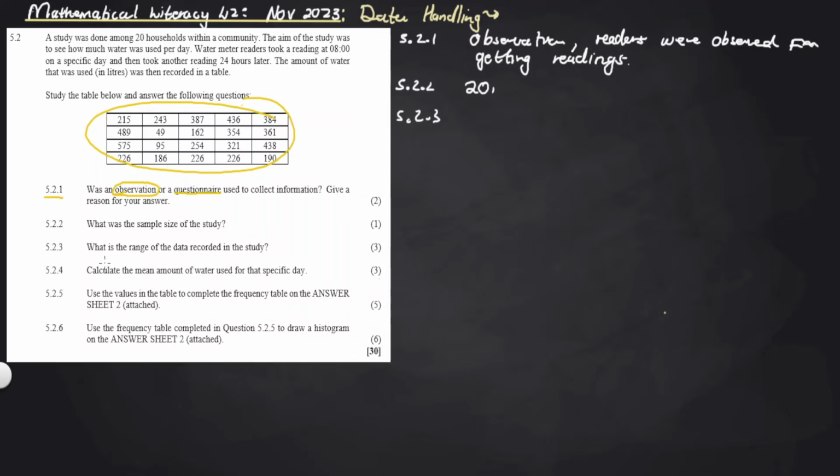5.2.3, what is the range of the data recorded in the study? A range is calculated by taking the maximum value and then you subtract the minimum value. What is the maximum value? The highest seems like it's this one, 575. The minimum, the lowest, it's that 2-digit.